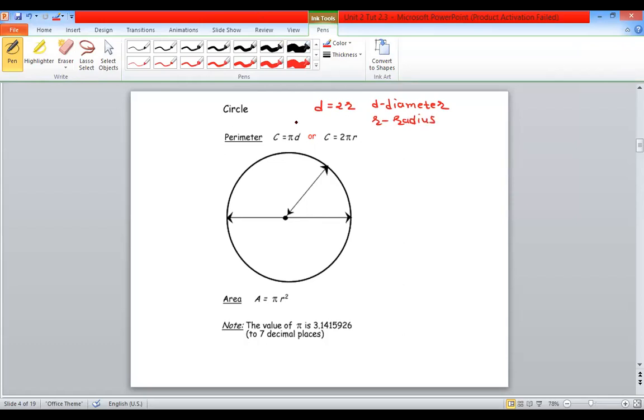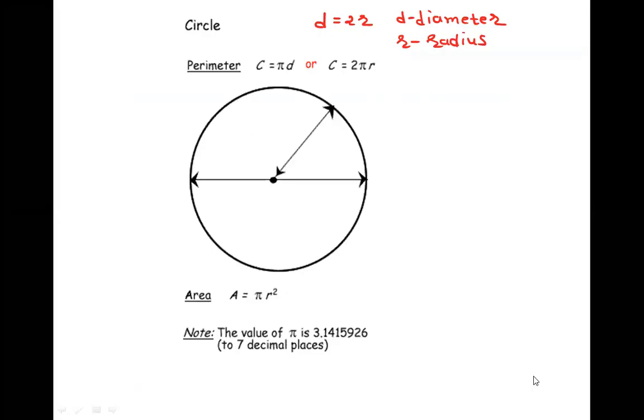The formula of the circumference is 2 pi r. If I put the value of d in place of 2r, I get the new value which depends on the diameter, and this is just pi d. Remember these two formulas: when you have a radius, and if you have a diameter.